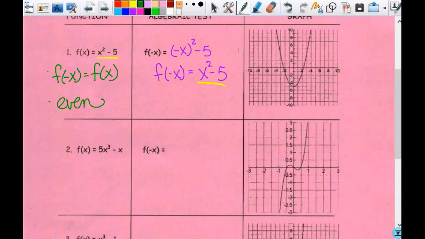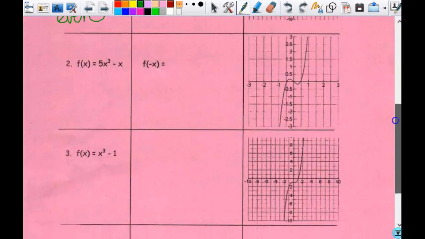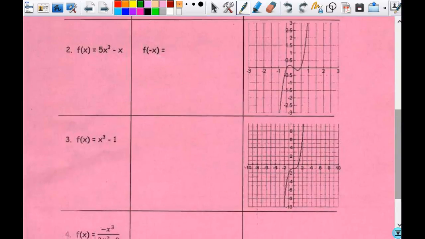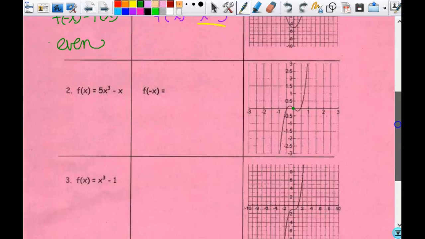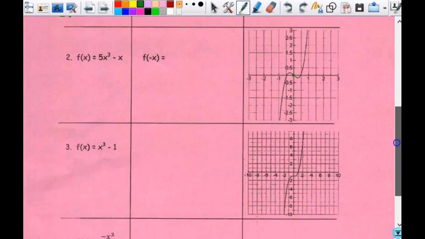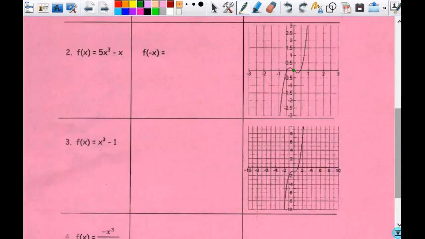So now let's look at this next one. What kind of symmetry does it look like it has? Origin. So looks like it has origin symmetry, and that would mean that it would be even or odd? Odd. Odd, O for origin. Think about it that way. And so f of negative x, we plug it in.